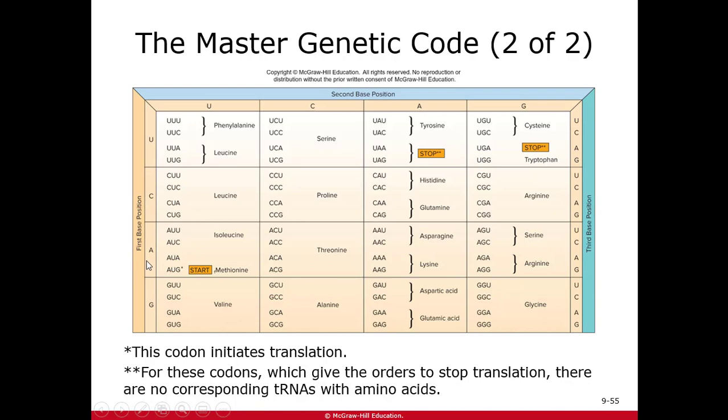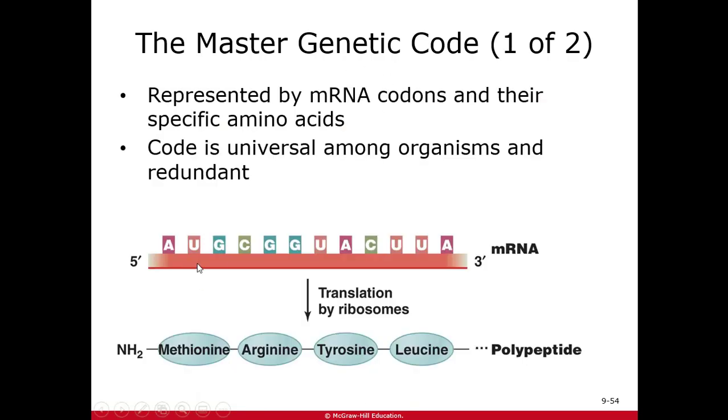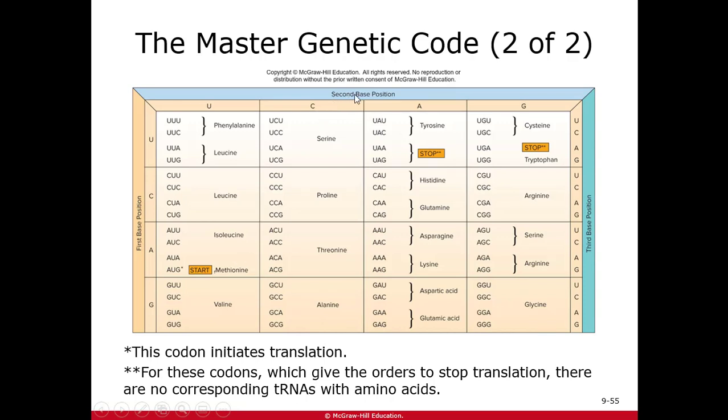Again, there are the 4 options, and ours is U. So we know we're in this 3rd row, in this first column, and everything in this box starts with AU.